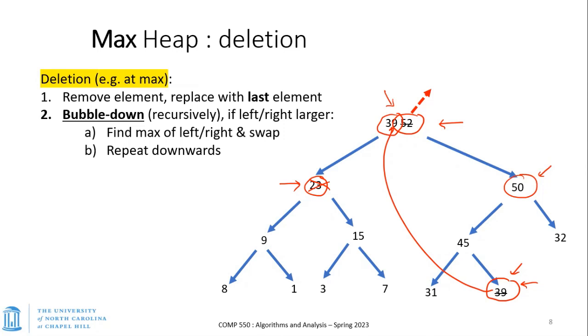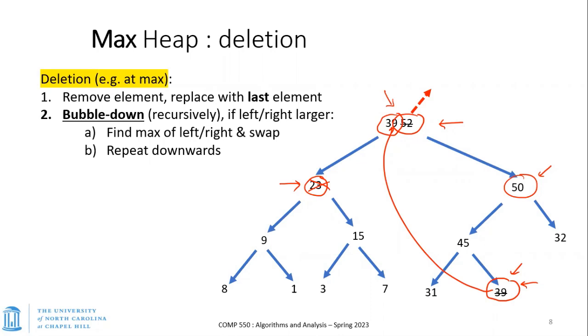What do we have to do with 39 once we've replaced it at the top? What do we have to do with 39 once you've replaced it at the top? Yeah, so you still have to do that, right? And if you had replaced it with 50, what you're suggesting, Abe, is that you would have to do a whole set of operations, but those operations still have to be done.